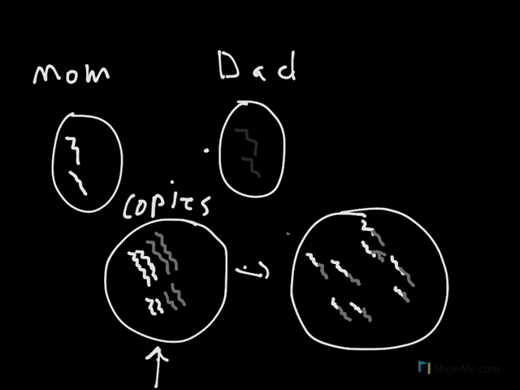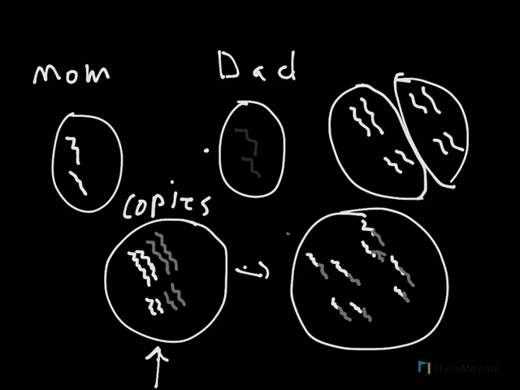And now what happens is this thing is going to split in half. And when it splits in half, now there are 4 chromosomes in each one of the cells, which is like a whole human cell. And then guess what happens?